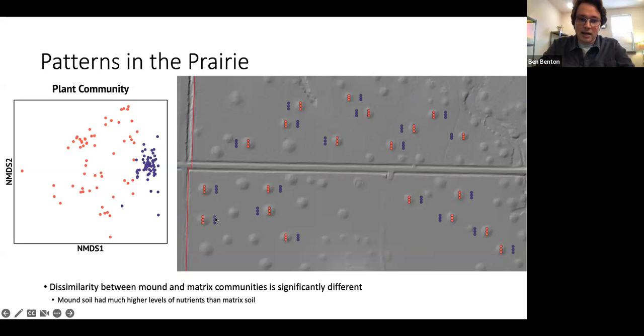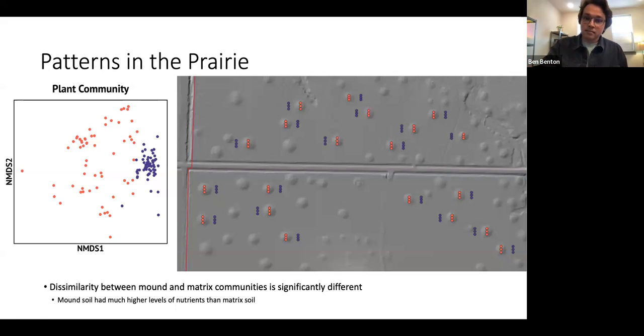So the plant community in this plot is more similar to the plant community in this plot way over here, because they're both in the matrix, than this plot is to the pimple mound community that's just 25 meters away from it. So we see this distinct turnover in the plant communities at Cherokee Prairie.